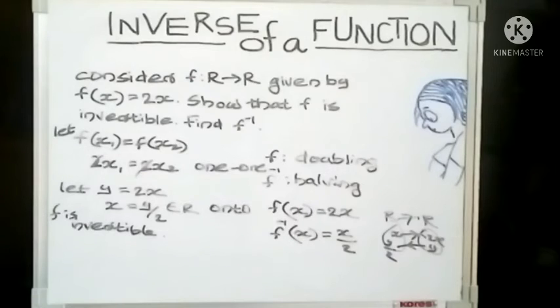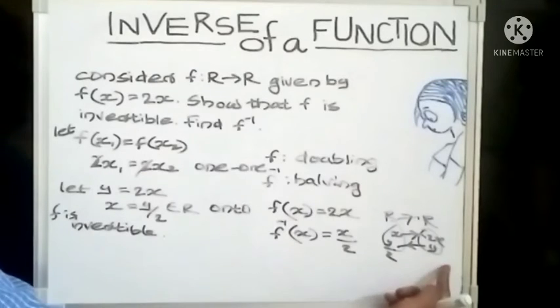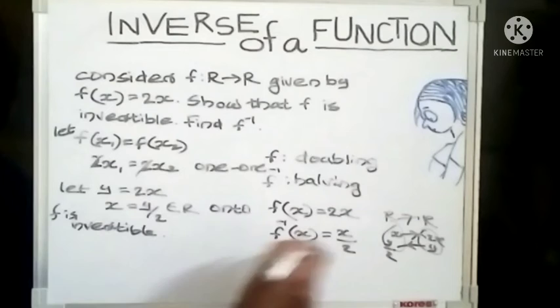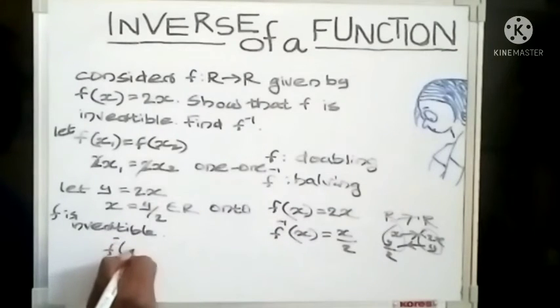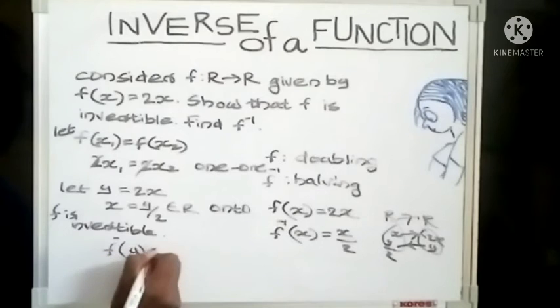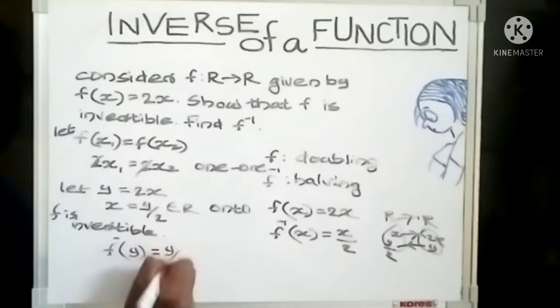F is invertible. And what is the inverse of the element y? It is y by 2. We can write f inverse of y equal to y by 2.